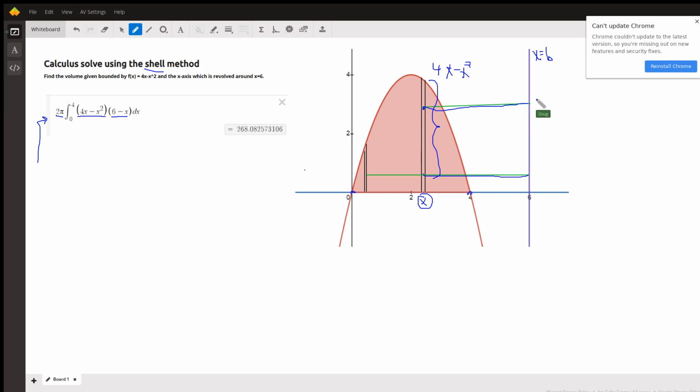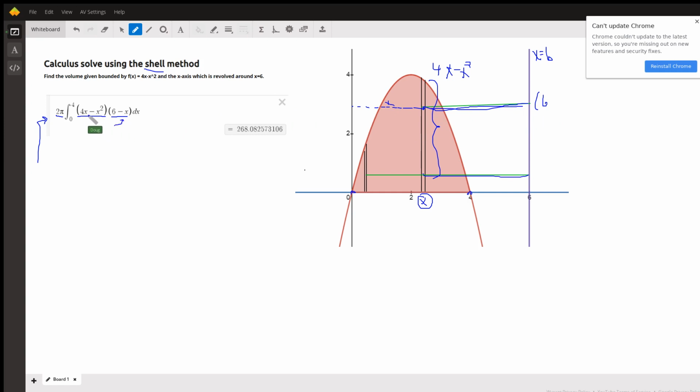We want the x coordinate at the right, which is always 6, minus the x coordinate at the left, sorry. And that's this distance right here. So 6 minus x will give us this green distance right here. That's why this is the average radius.